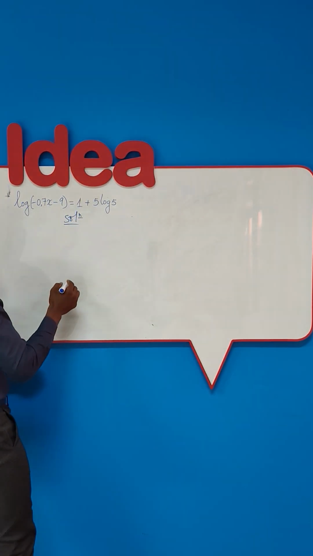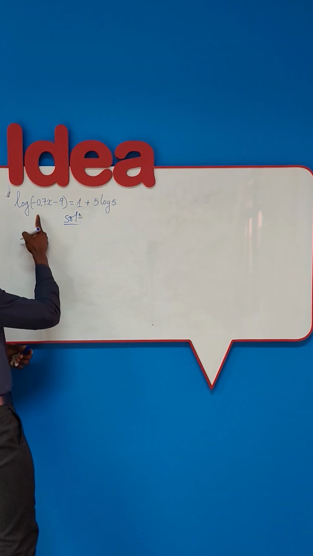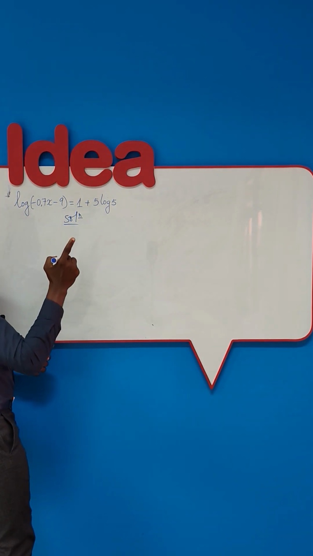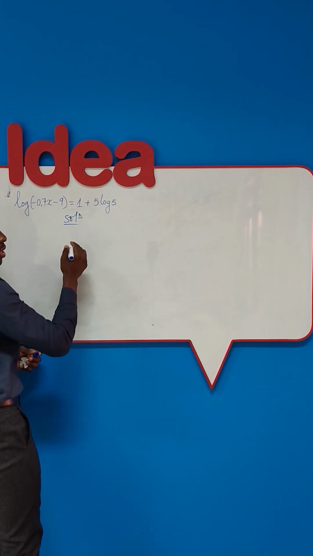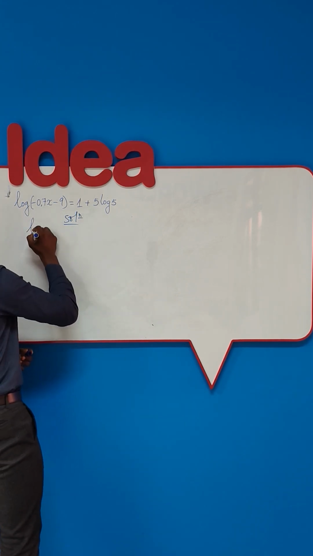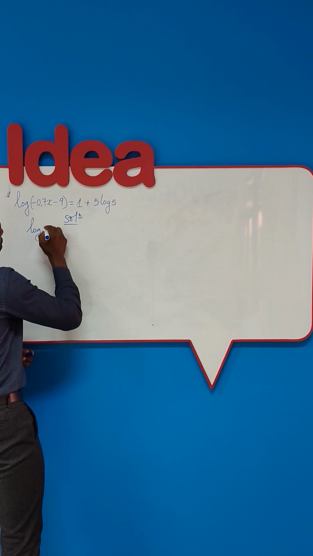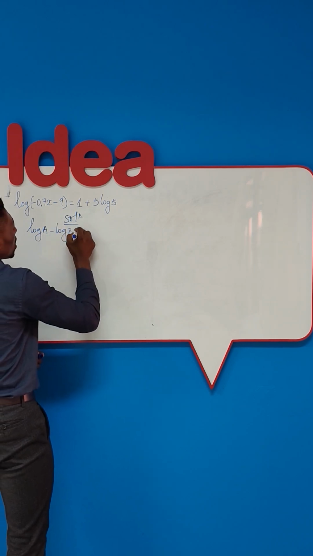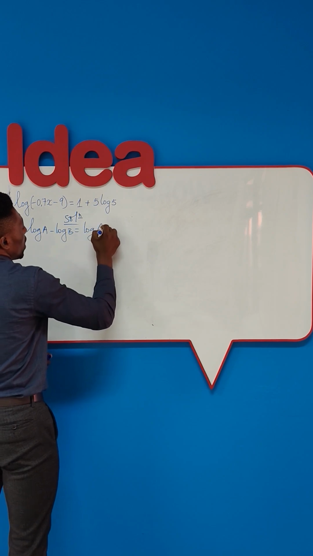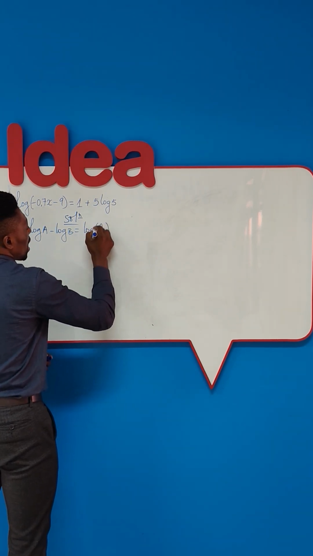From experience, I have observed that many candidates come here and misuse one of the laws of logarithm. Let me write the correct law and then what most students misuse. The correct law says log of a minus log of b gives us log of a all over b, written as so.